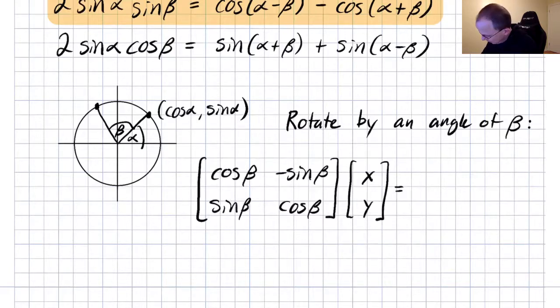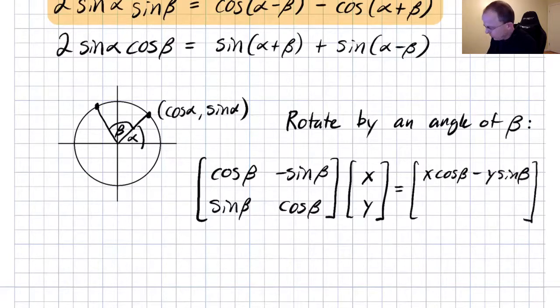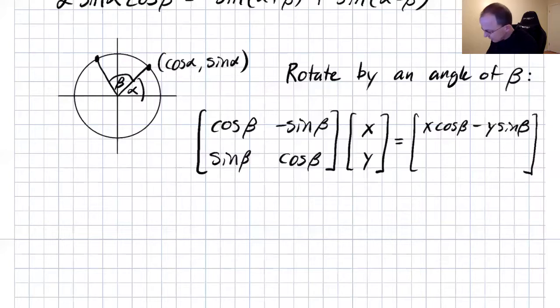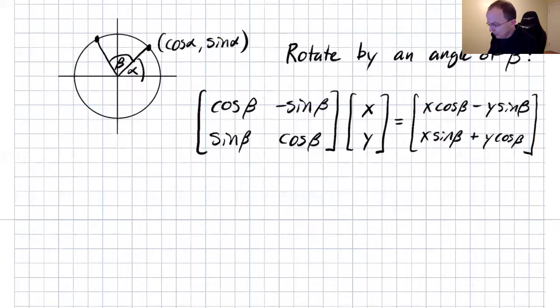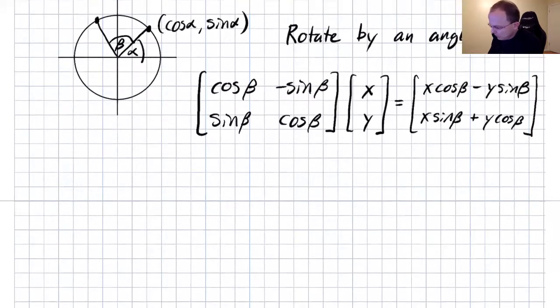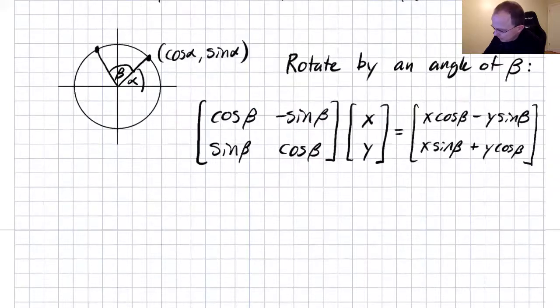And how do you multiply these together? So it'll be x times cosine beta minus y times sine beta. So if you're familiar with matrix vector multiplication, this is the idea. Then x times sine beta plus y times cosine beta. Okay, so what does this mean? So say I'm going to use this as my xy.